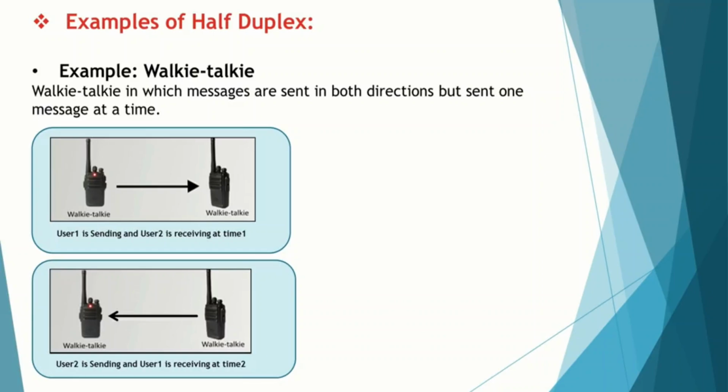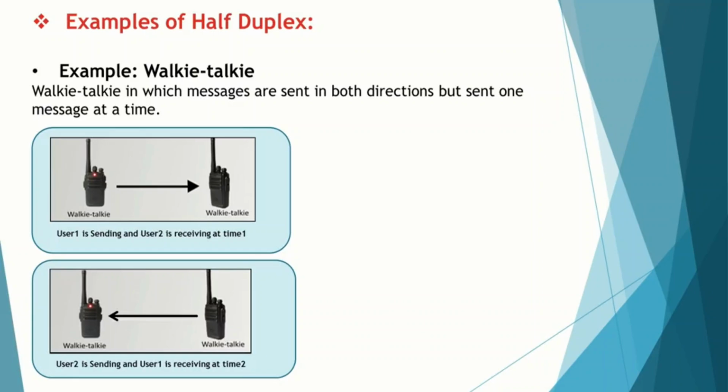One person speaks and the other person listens. After a pause, the other person speaks and the first person listens. So this is the mechanism used in the walkie-talkie. Speaking simultaneously is not understood. So this is about the example of walkie-talkie.